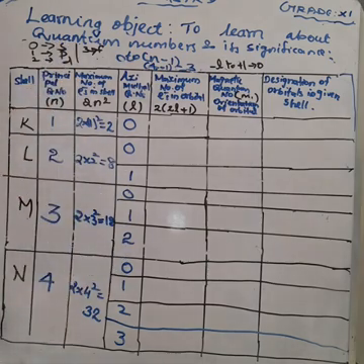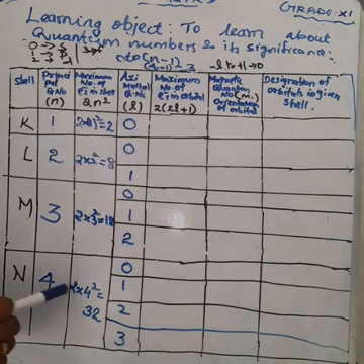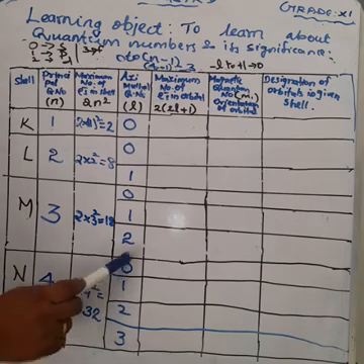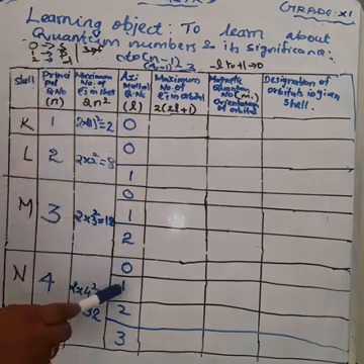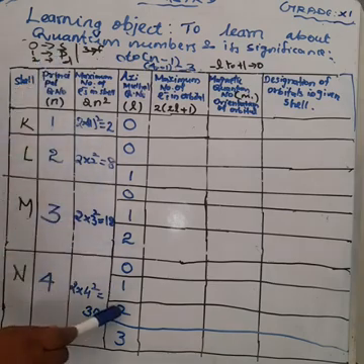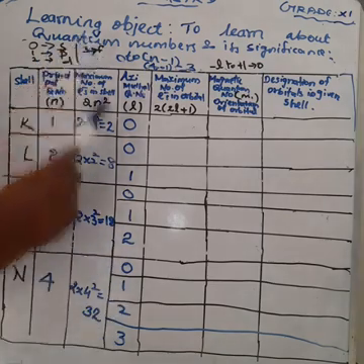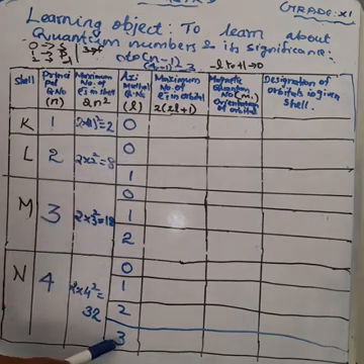And finally the N shell has 4 subshells, 0, 1, 2, 3: S, P, D and F subshells. Understood? These are about the azimuthal quantum number.